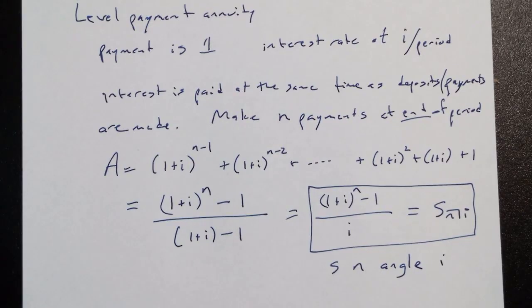If the interest rate is clear, we know we're using the same interest rate for a whole bunch of problems, or we've explicitly stated this is the only interest rate we're interested in for this problem, then sometimes they'll just write s n angle and they won't write the i. That bugs the hell out of me. I don't like doing it. I will, as often as I can, put the i in there.